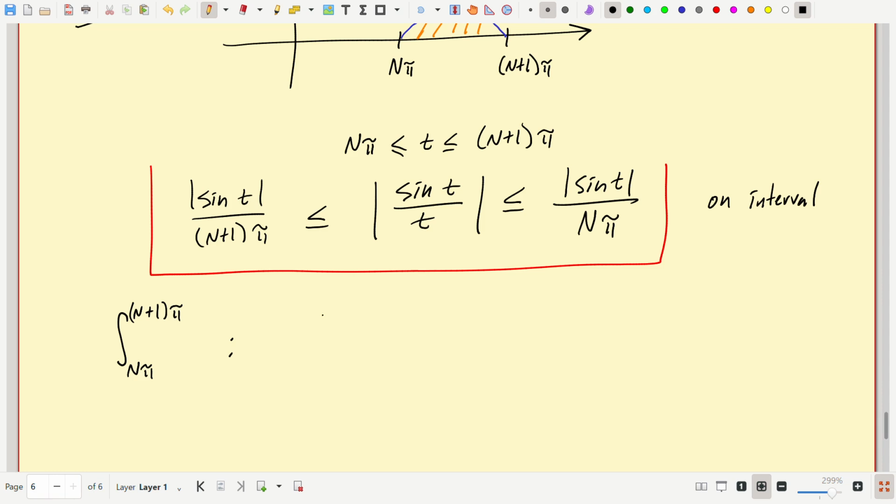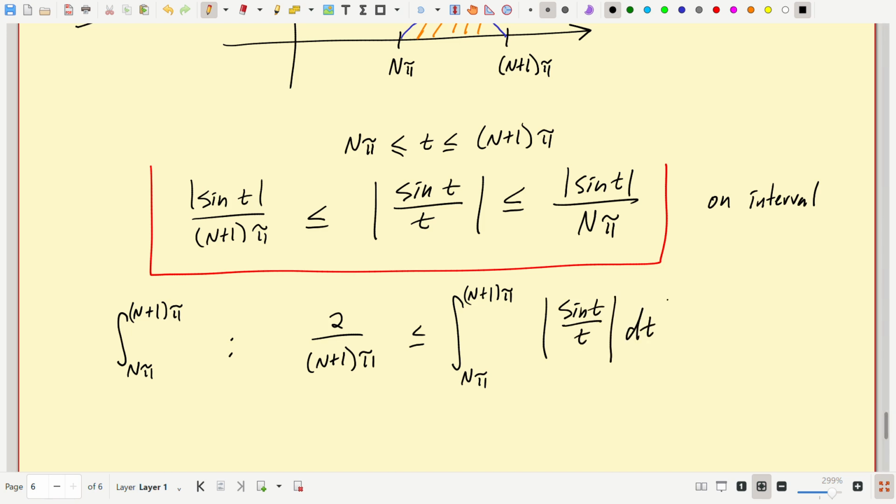So you get 2 over n plus 1 pi is less than or equal to the integral from n pi to n plus 1 pi of the absolute value of this thing dt, and on the right-hand side, the area of that hump is 2, and you get 2 over n pi.